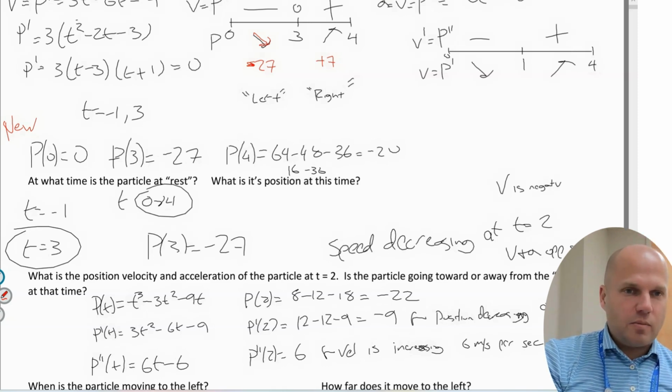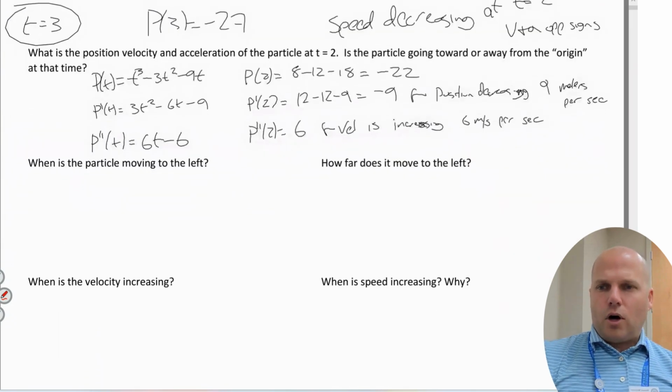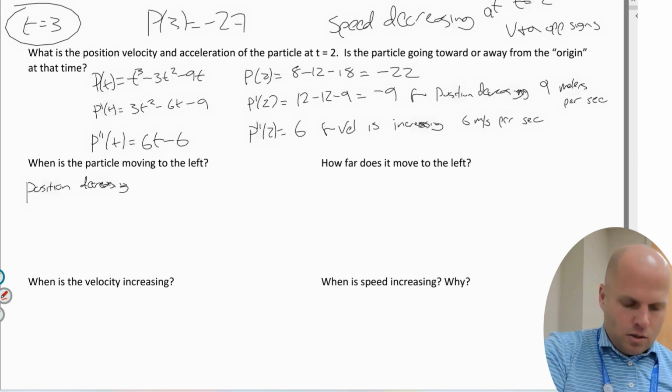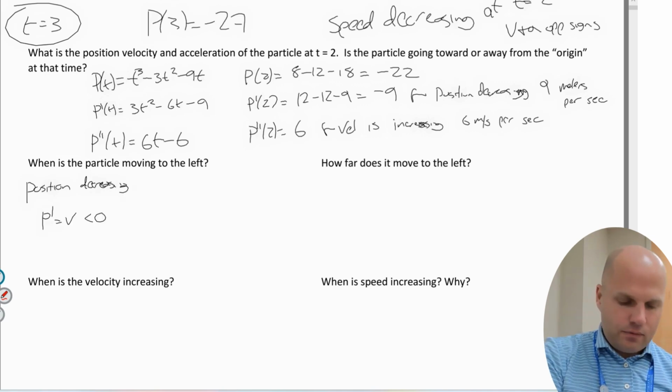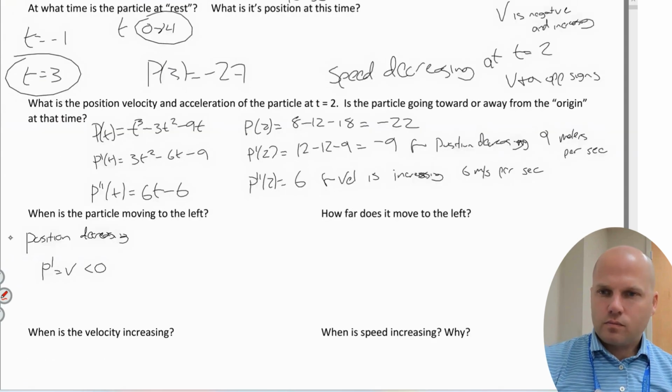I'm just throwing it in there: V and A have opposite signs. The particle is moving to the left when its position on the x-axis is decreasing, when the velocity or the first derivative is negative, and that's from 0 to 3.